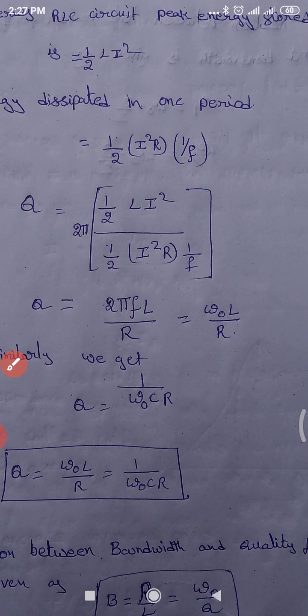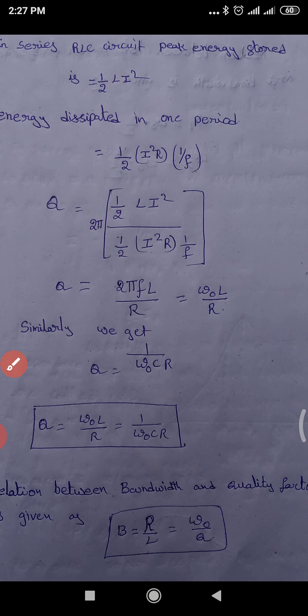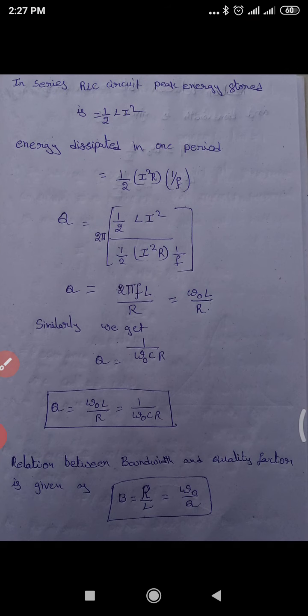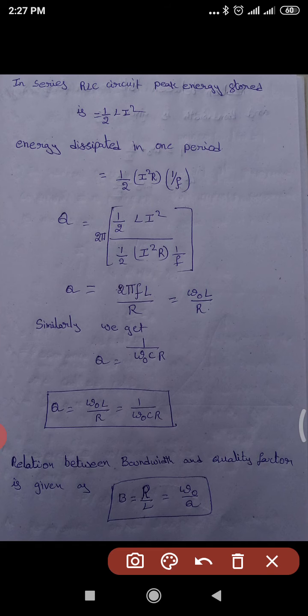Sometimes we have to use both the formulas for solving the problems. Next, what is the relation between bandwidth and quality factor? It is expressed like this: B is equal to omega naught by Q. This is the relation between quality factor and bandwidth.